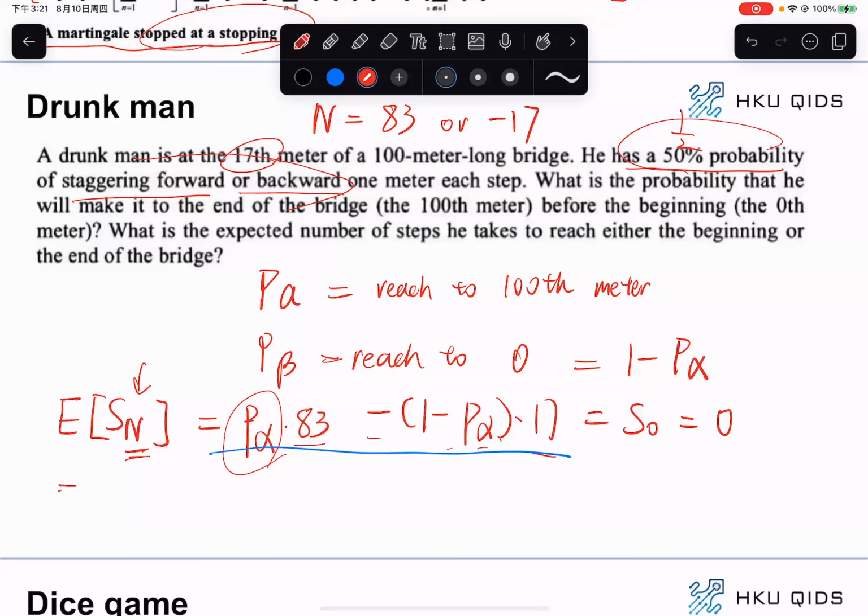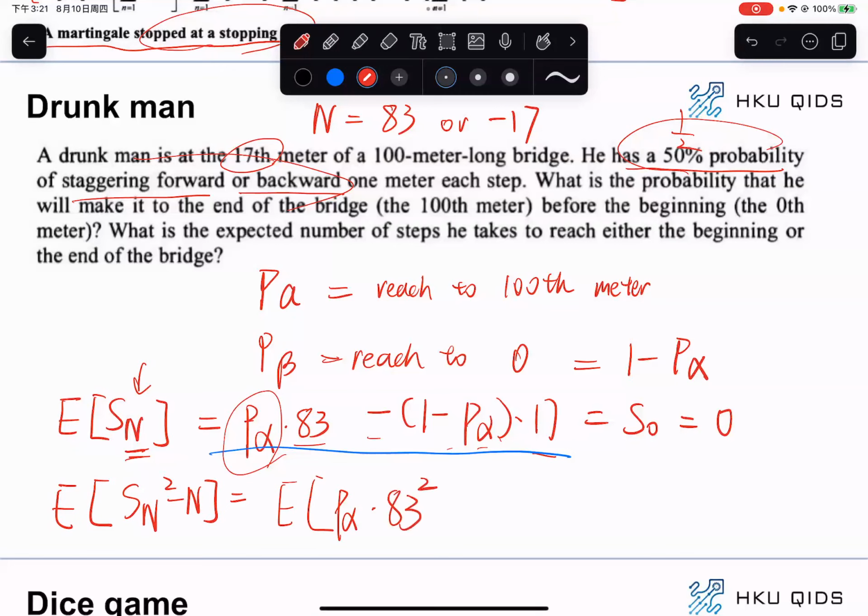Okay, and for the second equation, remember we are going to use both equations. So Sn squared minus n: this part is the same. It is just the expected value of probability alpha multiplied by 83 squared, because Sn is going to be 83 at that time, plus 1 minus probability alpha times 17 squared, because negative 17 squared is going to be a positive value, and minus E[N].